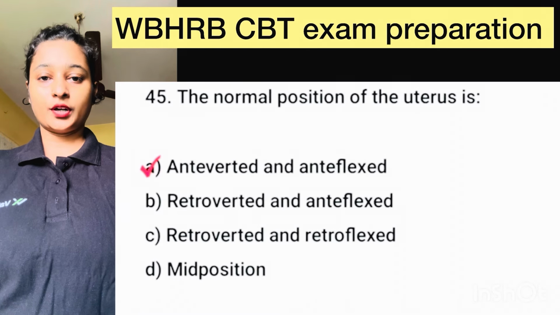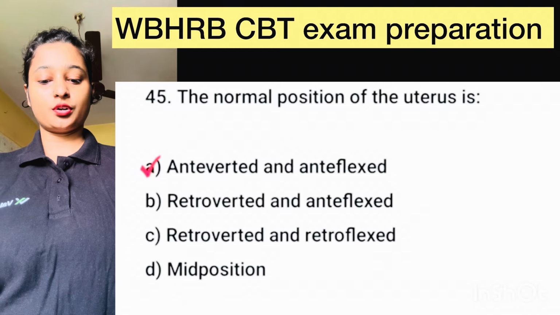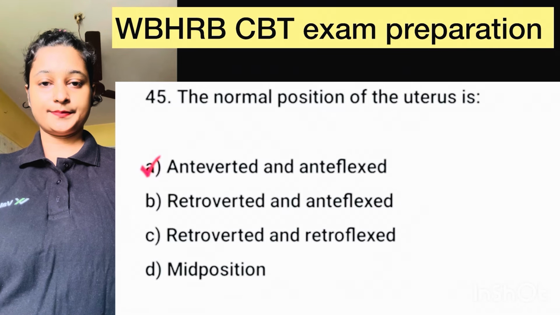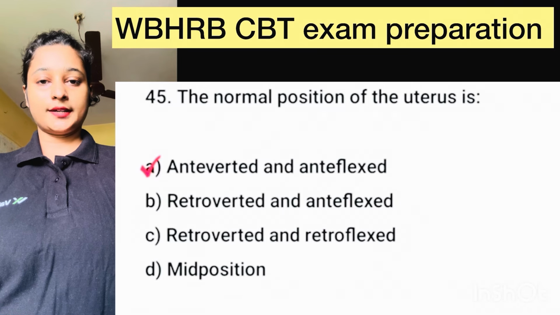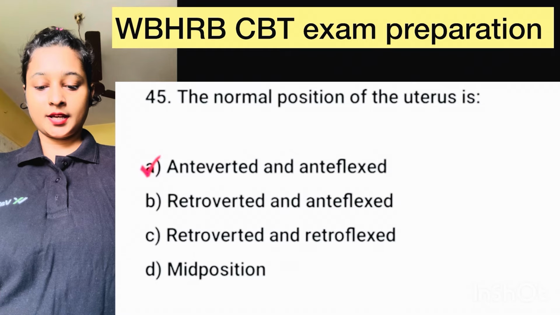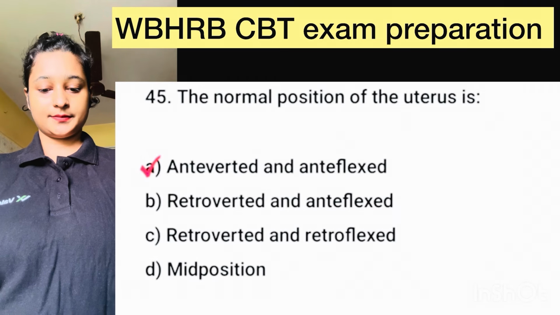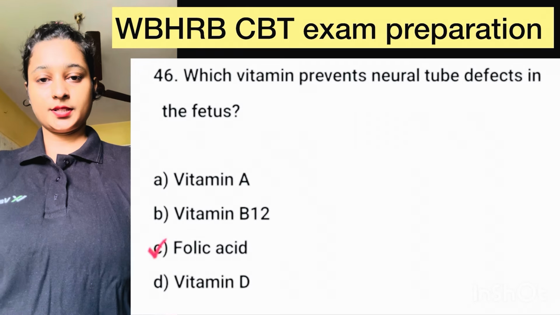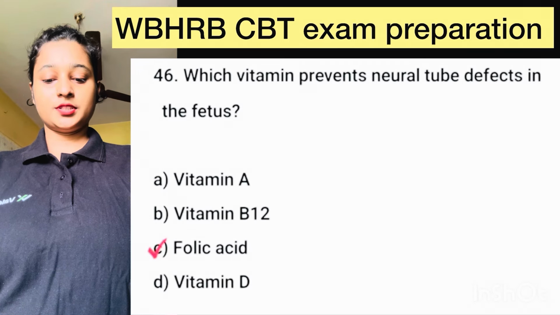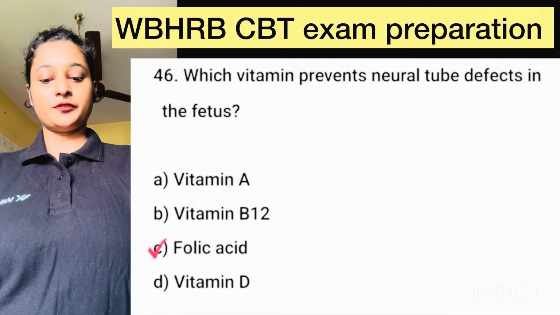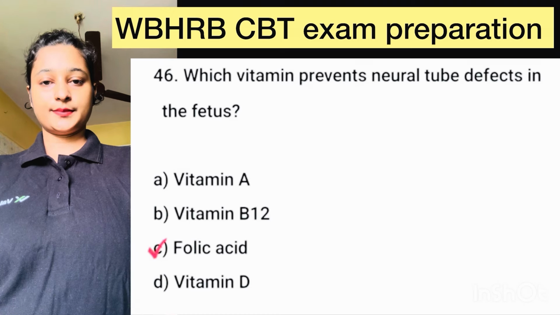Question number 45. The normal position of the uterus is. Here correct option is option A, anteverted and anteflexed. Question number 46. Which vitamin prevents neural tube defects in the fetus?